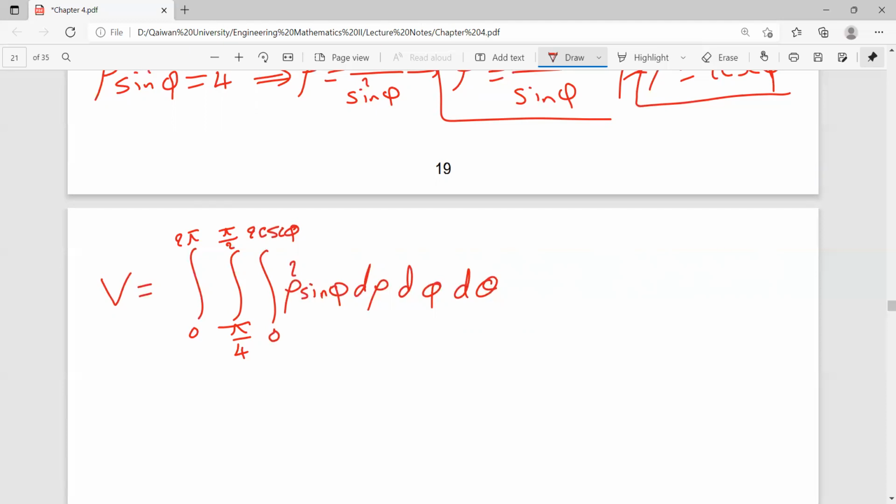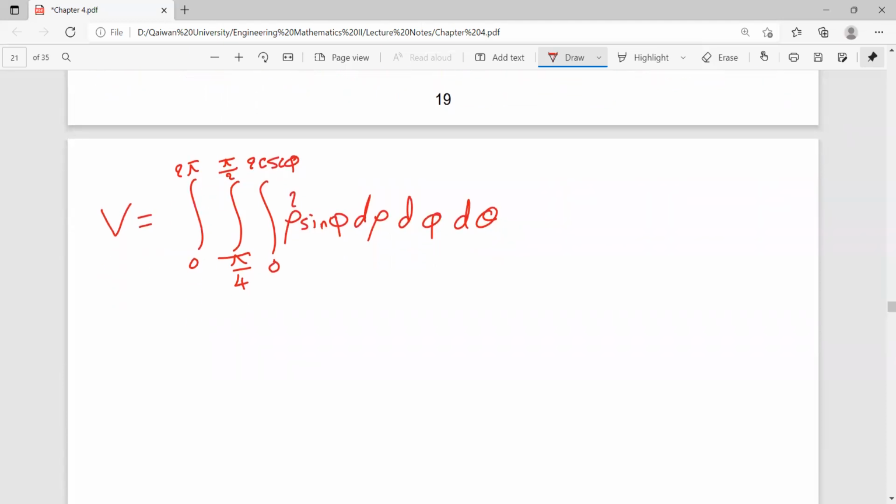Now we just try to find the integrations. We have V equals, we take the first integration with respect to rho. That is the integration from 0 to 2 pi, integration from pi over 4 to pi over 2.